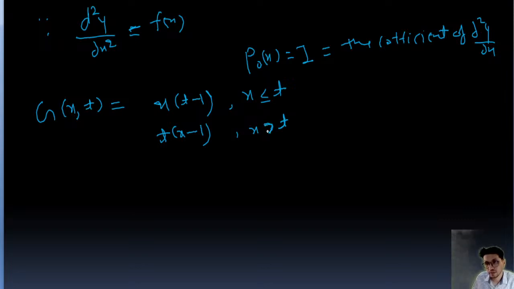So this is the option we are checking. Three things we need to check: continuity, boundary conditions, and that del g over del x at x equal to x naught plus minus del g over del x at x equal to x naught minus should be equal to 1.